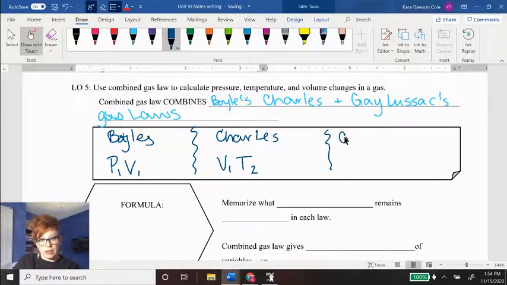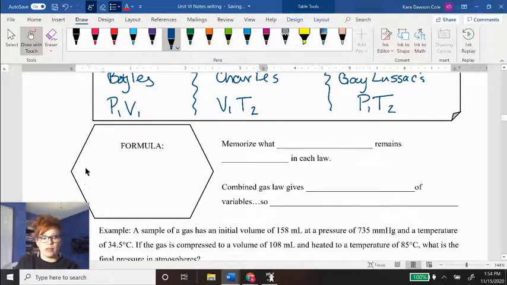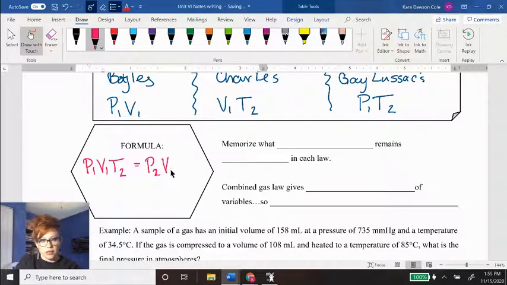And for Gay-Lussac's law, we had P1T2. All of this combines to get the formula we have on our reference sheet for the combined gas law, which is P1V1T2 equals P2V2T1. And again, remember, 1 is equal to the initial and 2 is equal to the final.